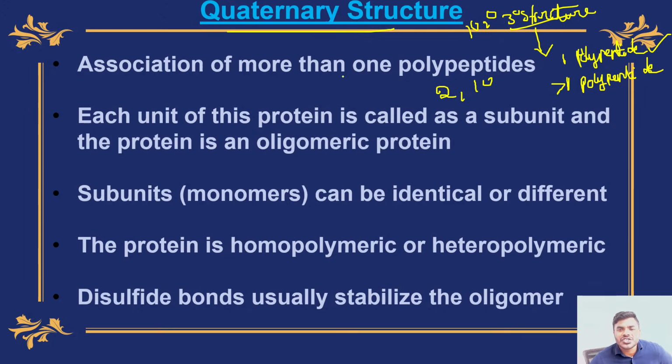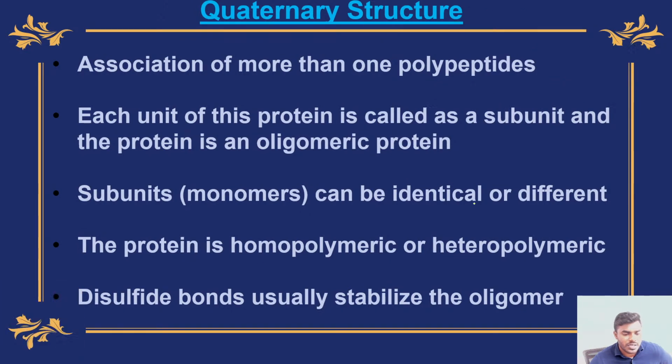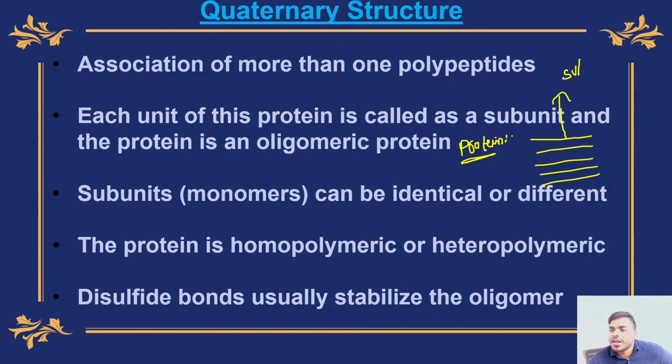Suppose, for example, there is a protein which contains 5 polypeptide chains. Each polypeptide chain we will call a subunit. How many are there? 1, 2, 3, 4, 5. 5 chains are there.